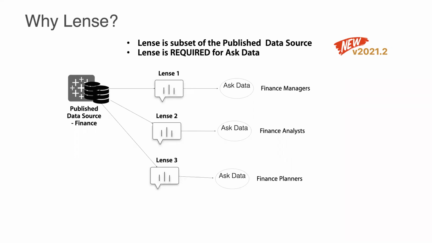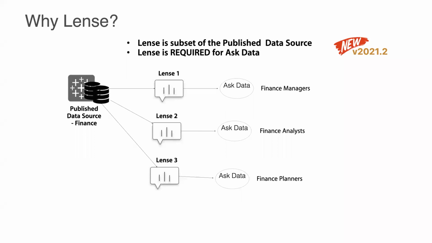It can be very confusing. So very often, you may want to give a subset of data only to financial managers, and another subset only to financial planners. Then you can design multiple lenses based on this published data source. The example I'm showing here is 3 different lenses for 3 different types of users.